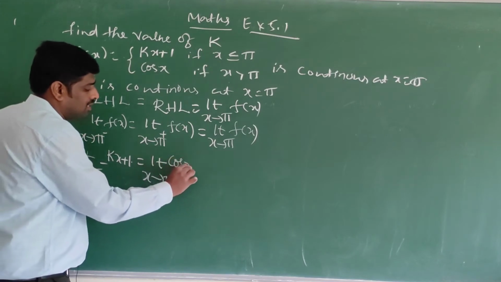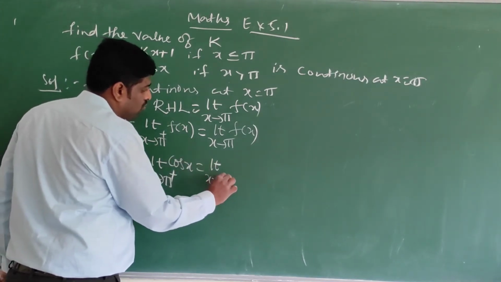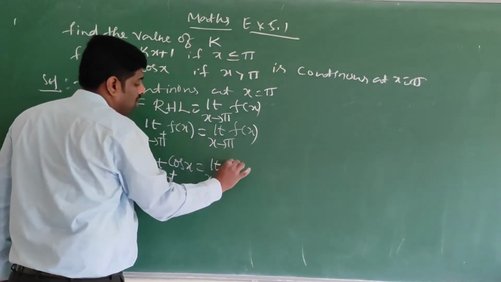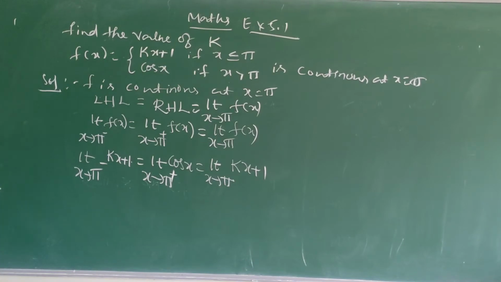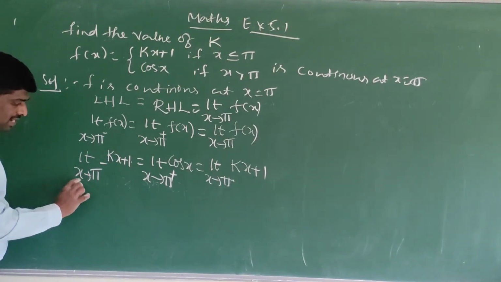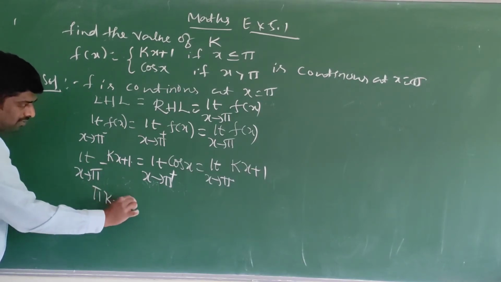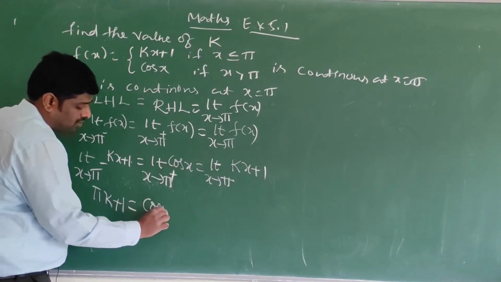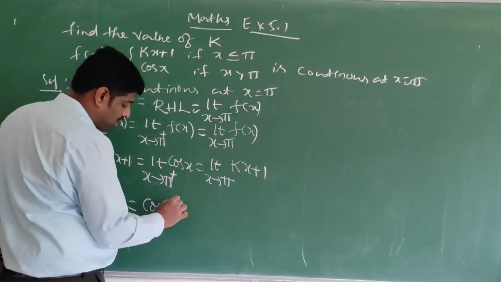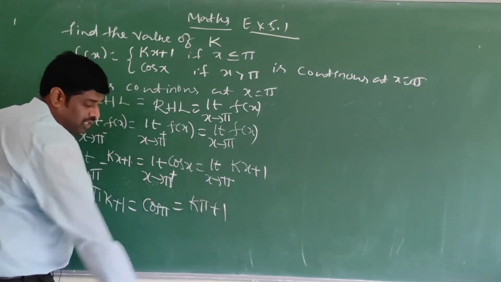Cos x equals limit x tends to pi, equals pi. What is it? kx plus 1. Just substitute the limits. The x value is pi, so k pi plus 1 equals cos pi equals k pi plus 1.